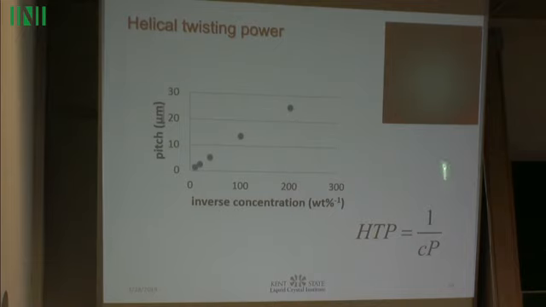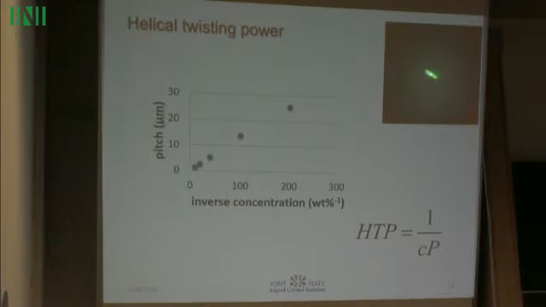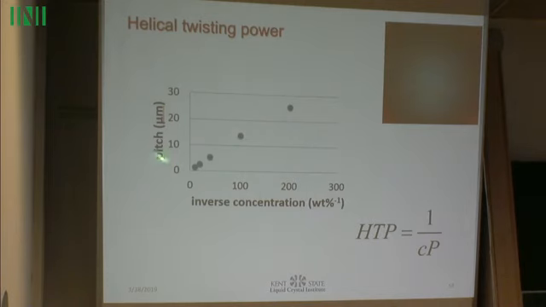And so I don't know if you can see, this is a cylindrical Cano wedge, so it's just a spherical lens that you put on a flat substrate, and you have the liquid crystal between flat substrates. And here you get circular defects, and by changing the concentration, one can change the pitch, and by plotting the pitch versus inverse concentration, one comes up with this helical twisting power.